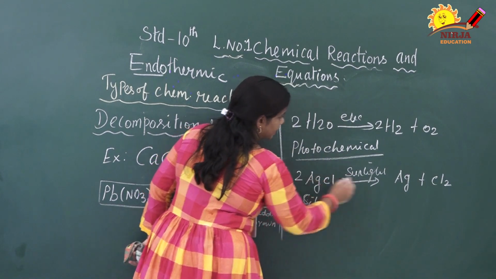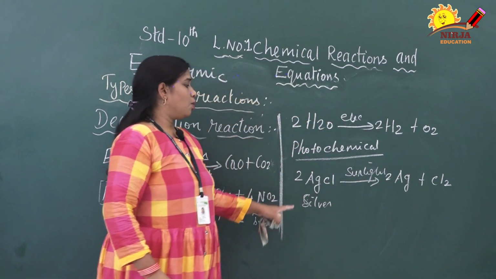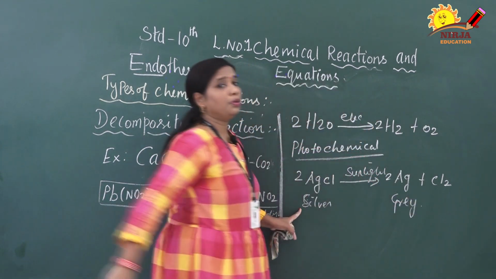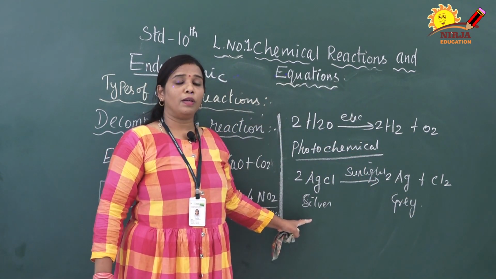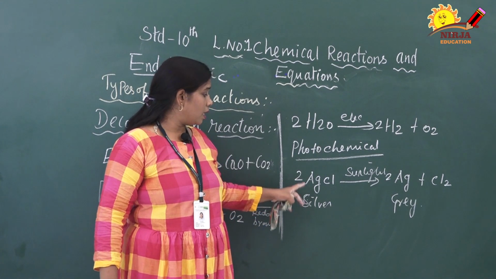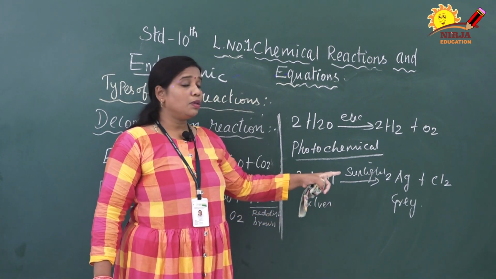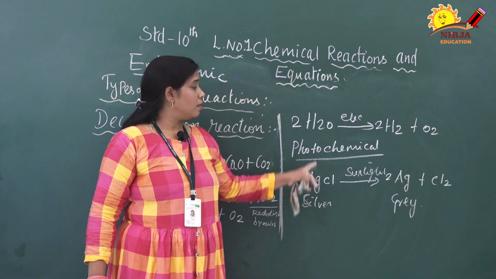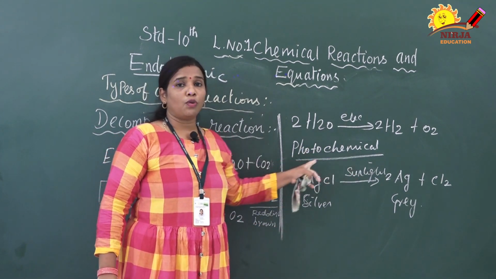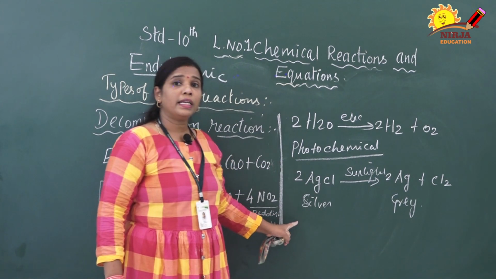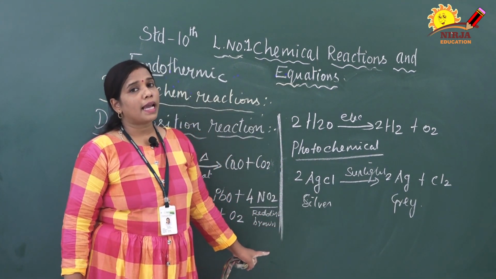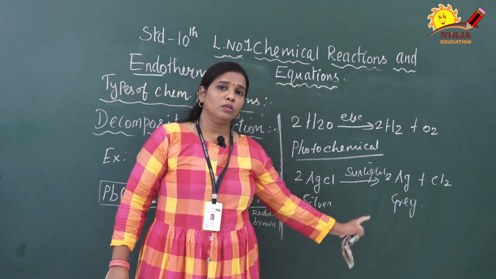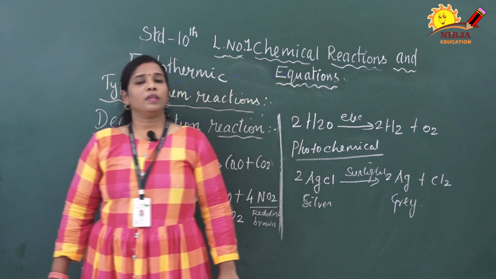We have to balance it. The color changes to grey, and photographic film is also based on this. Silver chloride is converted into silver and chlorine. This reaction is an example of photochemical reaction. Photo means sunlight. With the help of sunlight, it can break the reactant into two products.